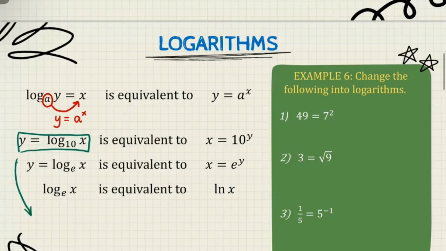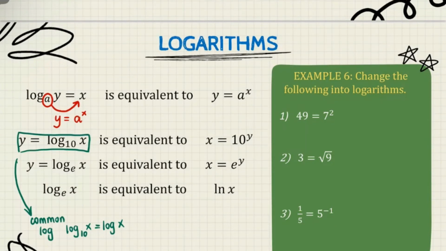Dia juga dikenali sebagai common log. Biasanya bila kita ada base 10, kita tak tulis pun base tu. So let's say if we have log x with base 10 can also be written as log of x.